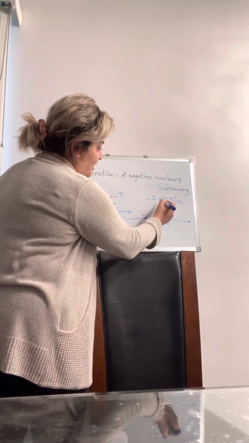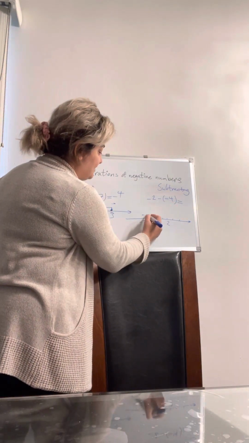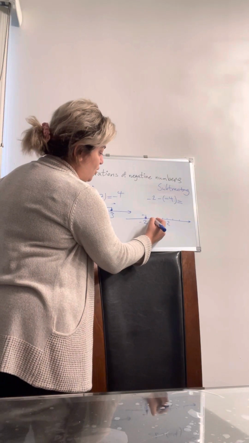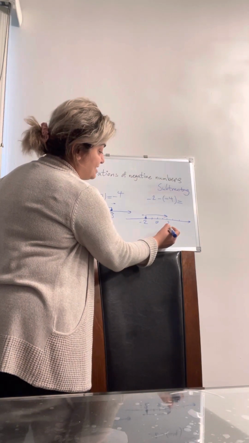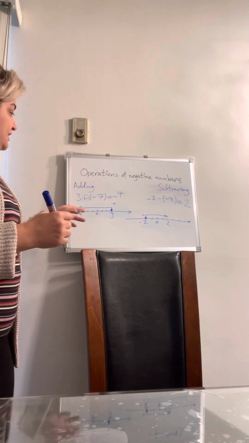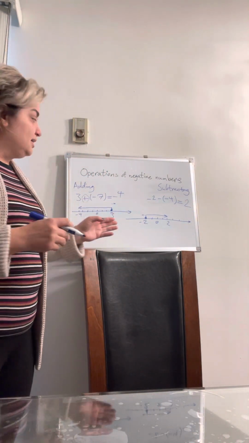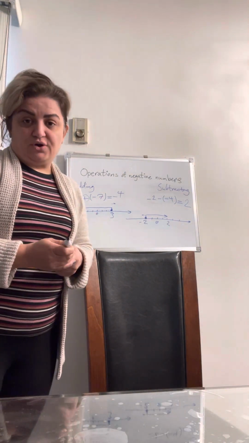Negative 4 becomes plus 4, and this is a plus, so we go to the right. 1, 2, 3, 4. Our answer is 2. With a number line, finding the answer is easy for us.